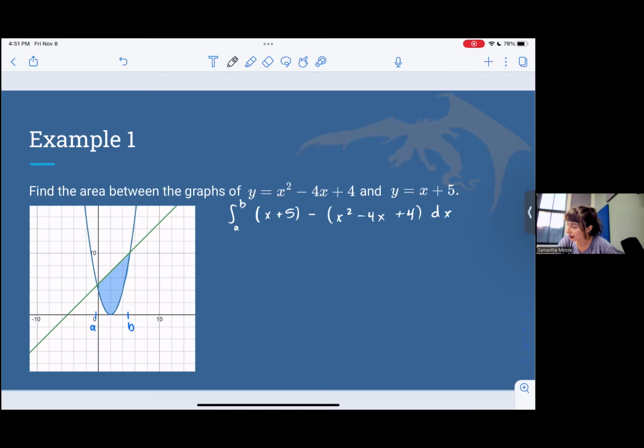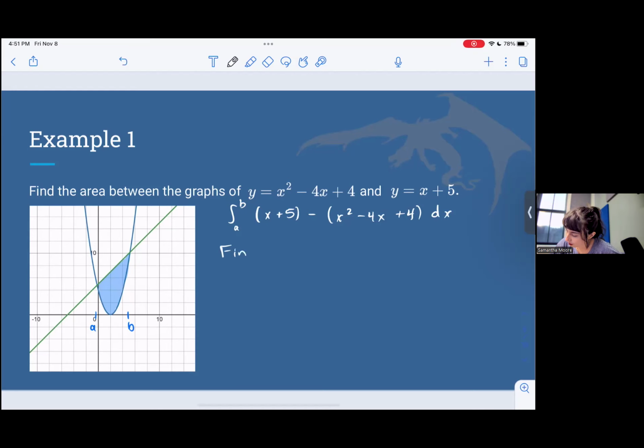Okay. So other than finishing out this integral and anti-deriving and all that, the other big thing that we need to do is we need to find our a and our b values. And if you think about it, that's just a pre-calc question. That's the places where our two graphs meet.